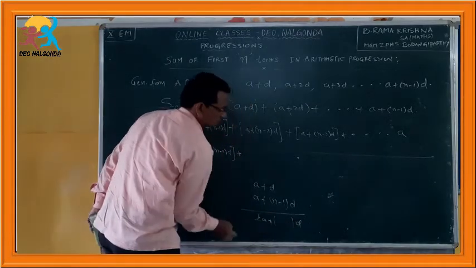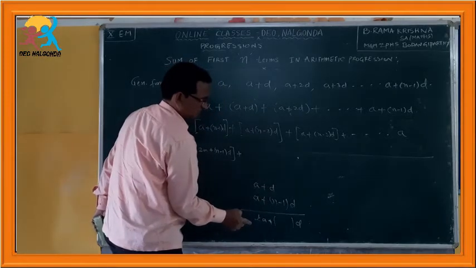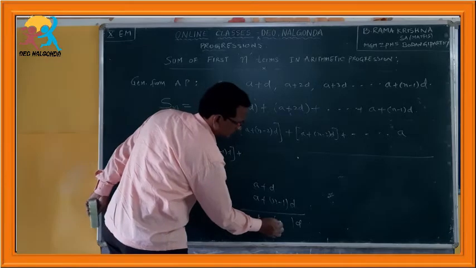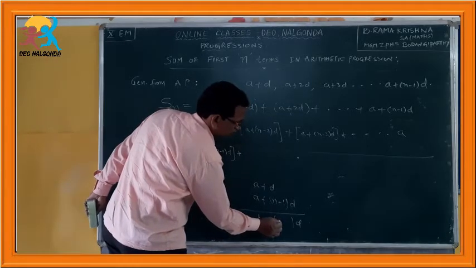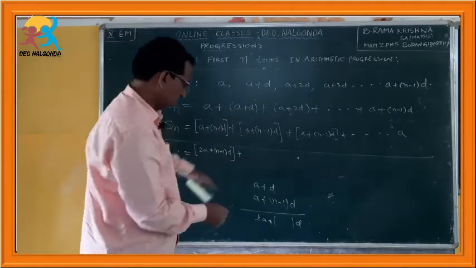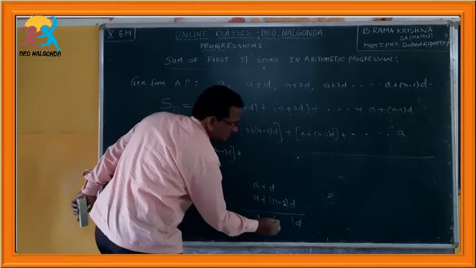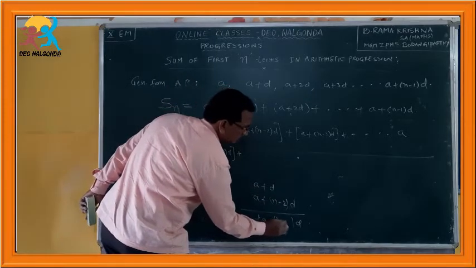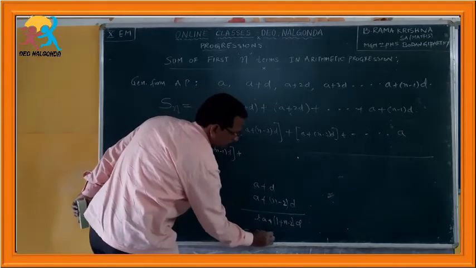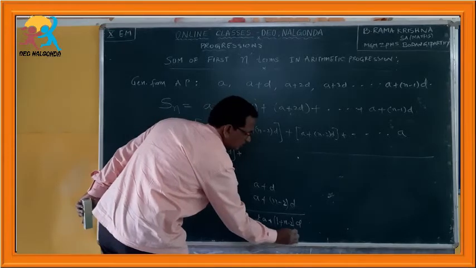If you take d as common, you get 1 plus n minus 2. This becomes 2a plus, 1 minus 2 is minus 1, therefore n minus 1 into d.